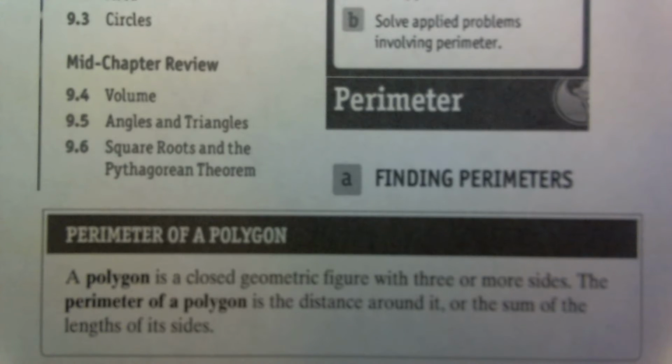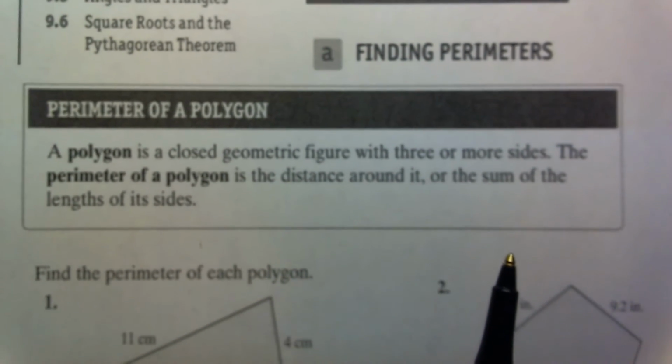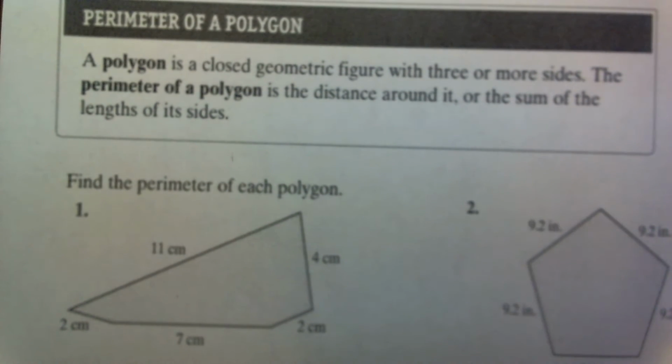So when we look at the first exercise, find the perimeter of the polygon shown here, we simply add the lengths of the sides.